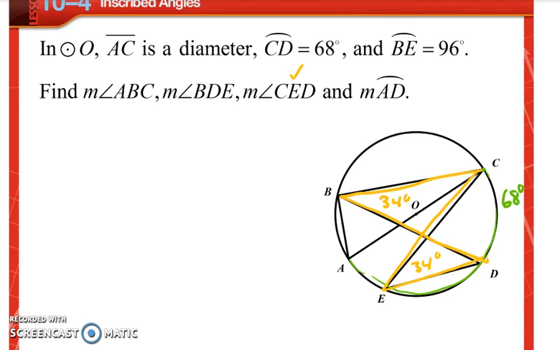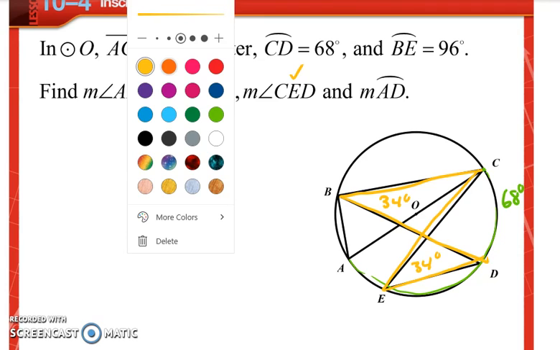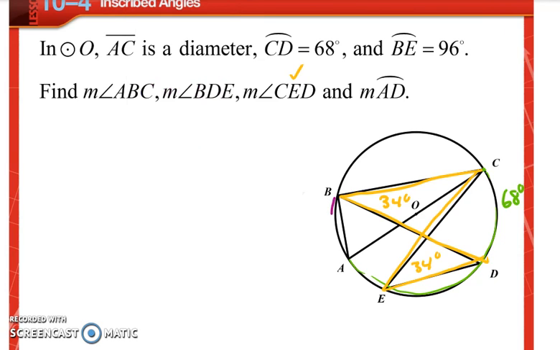BDE. BDE is another one that is inscribed, and this time it's inscribed, let me change colors again. BDE is inscribed on this arc right here. Okay, so for this one, BE is 96 degrees.